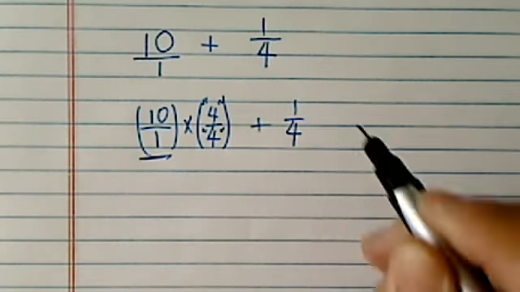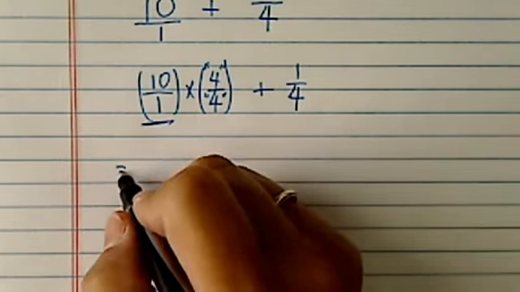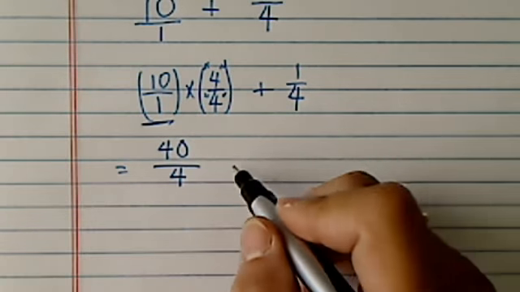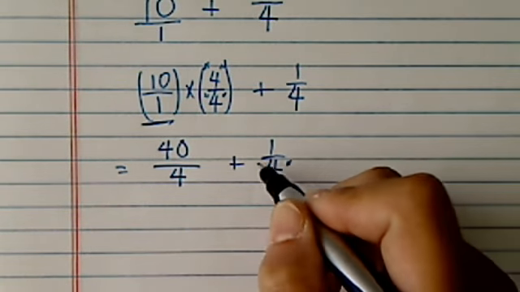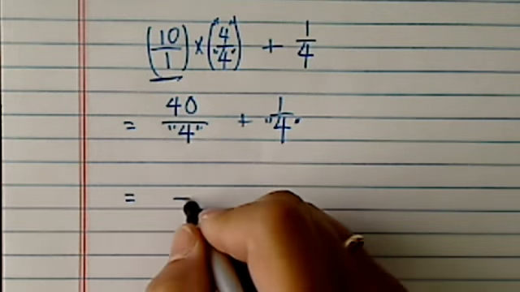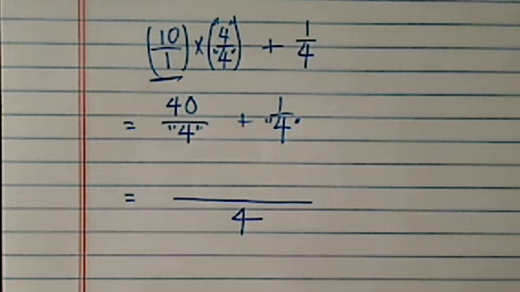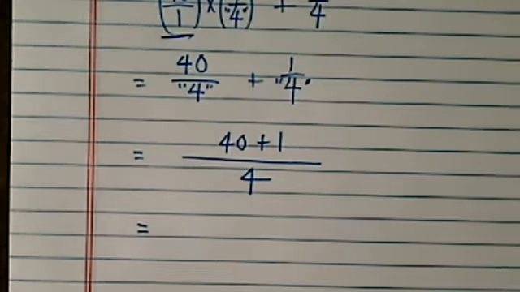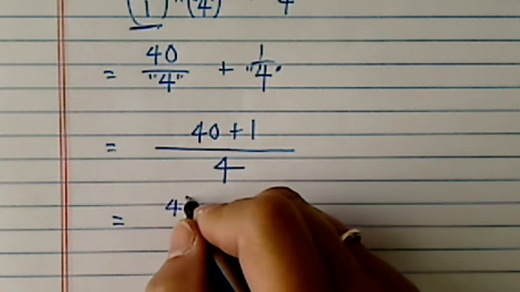Plus 1 over 4. Now I have 40 on top over 4. That's a good boat because it's the same one as I have on this side. Now let's get everyone on the same boat, which is 4, and then I have 40 plus 1. That gives me 41 over 4.